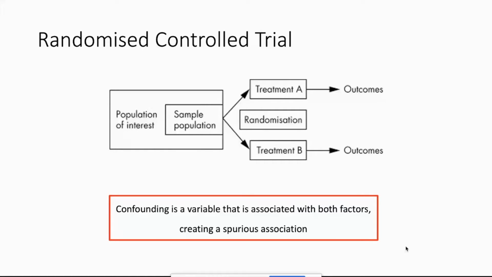Because these treatment groups are similar, the only difference between them is their allocation to receive either treatment A or treatment B. When we look at the outcomes, we can then say that any difference in outcome can only be attributed to the different treatments they received. Again, the only difference between treatment A and treatment B is their allocation.